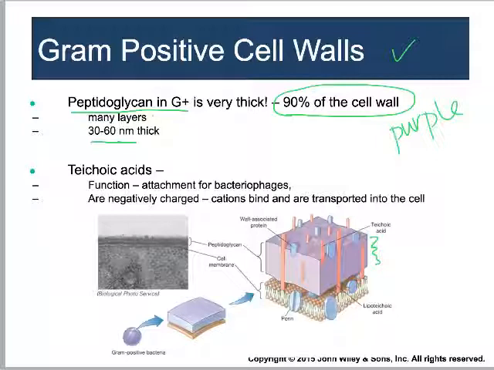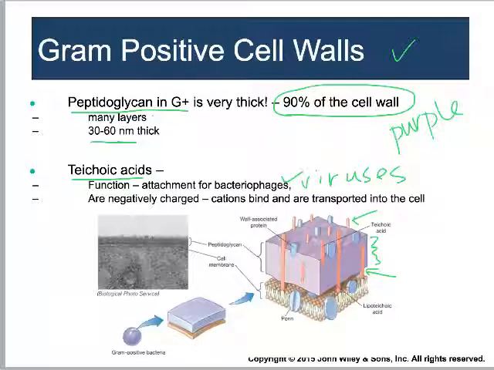In them, there's this thing called teichoic acid. The teichoic acids are these red things that are sticking up. They are places where bacteriophages, which are viruses we'll talk about more later, can attach, so it's almost like a receptor. Teichoic acid is negatively charged, and sometimes cations can bind here and go into the cell that way.